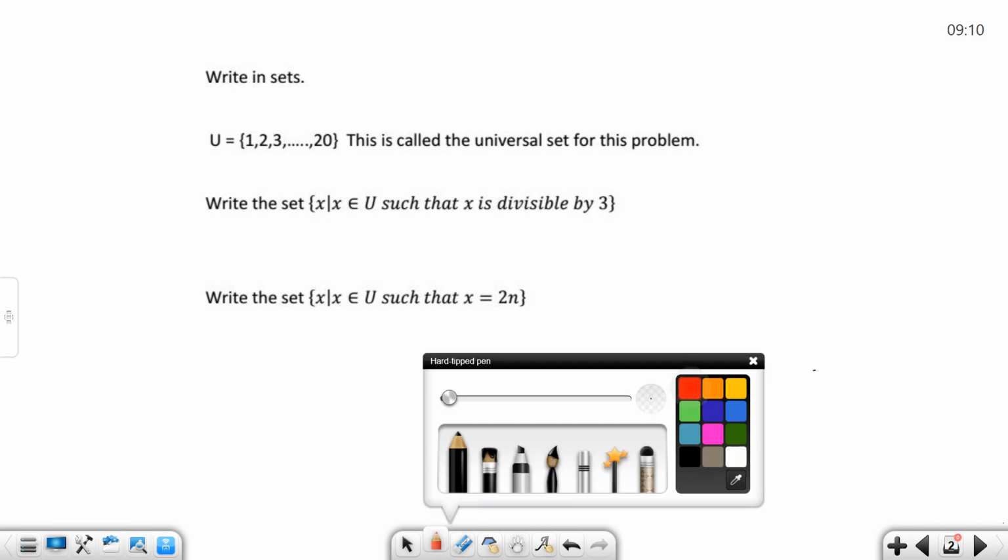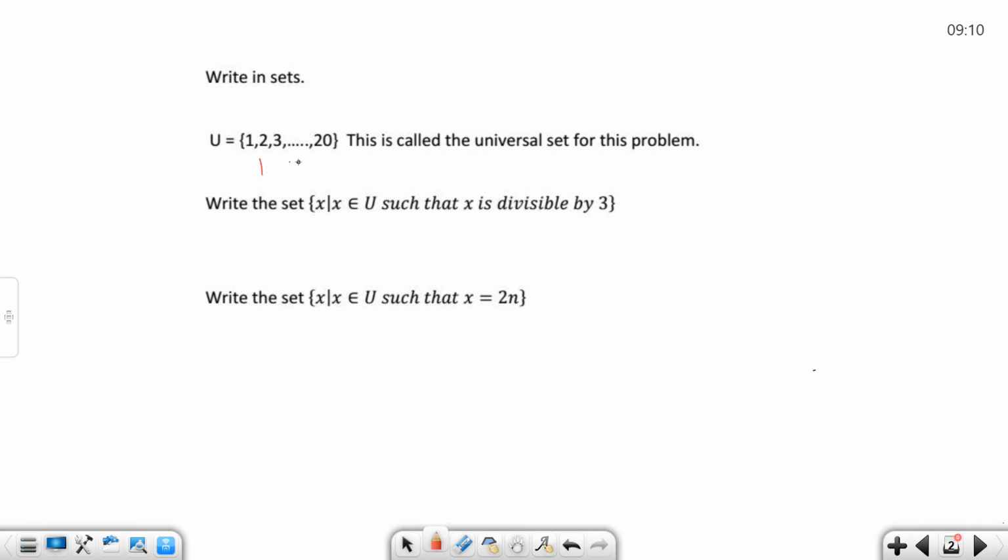So if I look at my universal set, let me write them out. I know it's messy, sorry. Trying to hurry. Okay, so there's my universal set. I want to know of these red numbers which ones 3 goes into.